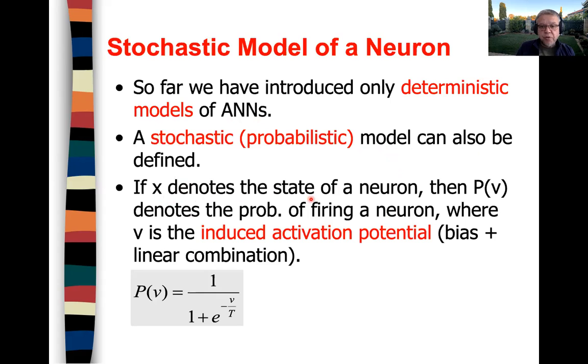If eta denotes the state of a neuron, then P of V denotes the probability of firing. So instead of saying that if the input is greater than a certain threshold the neuron fires, and if it's less it doesn't fire, now we can say that it fires with a certain probability. This is the probability here, where V is the induced activation potential, bias, linear combination.